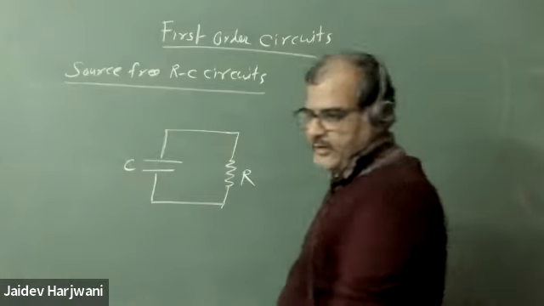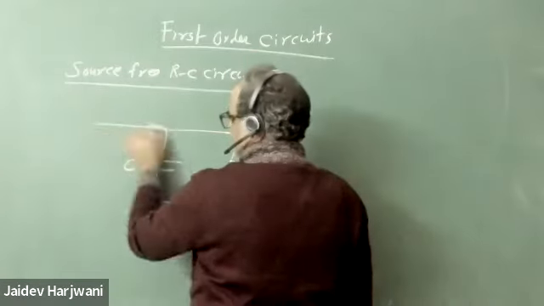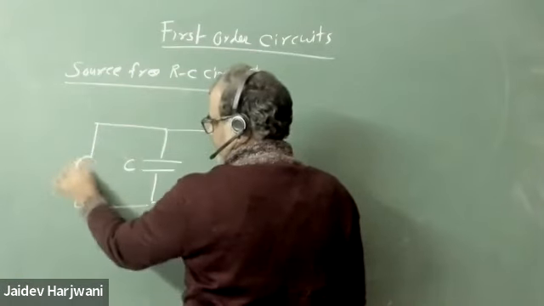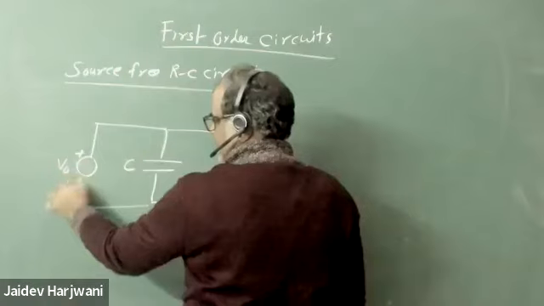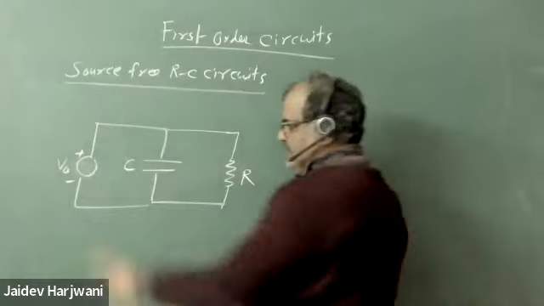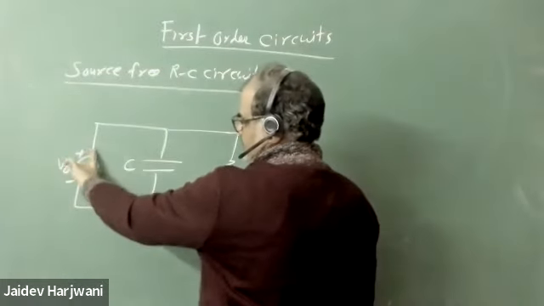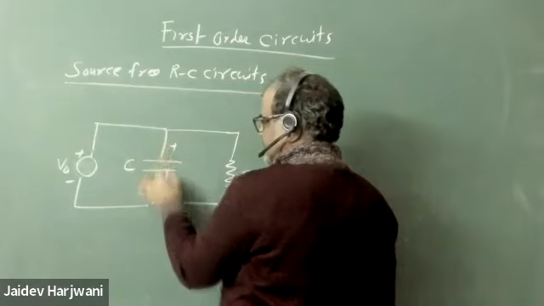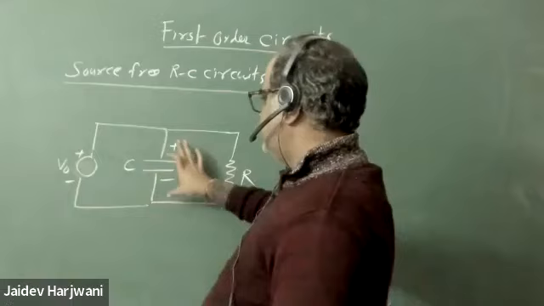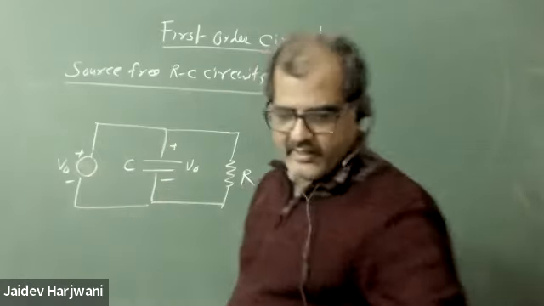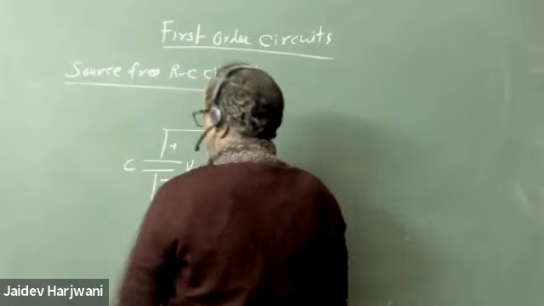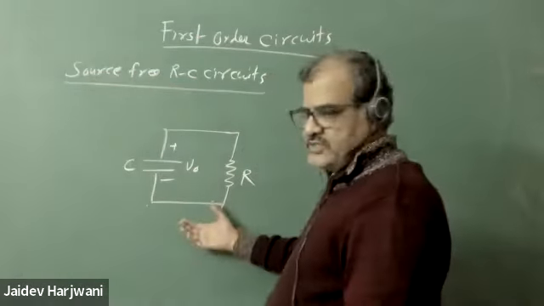Now I am charging this capacitor with some voltage V naught. I have some source of V naught, and the capacitor will charge up to the voltage of this source. Since it is connected in parallel, once this capacitor is charged up to V naught, I remove the source.